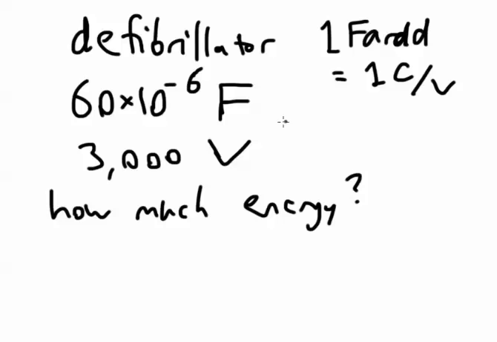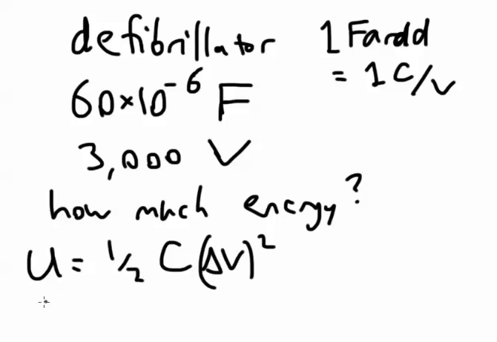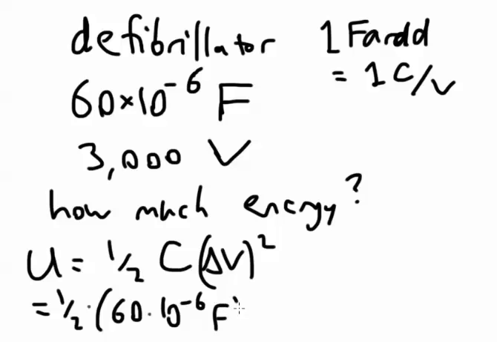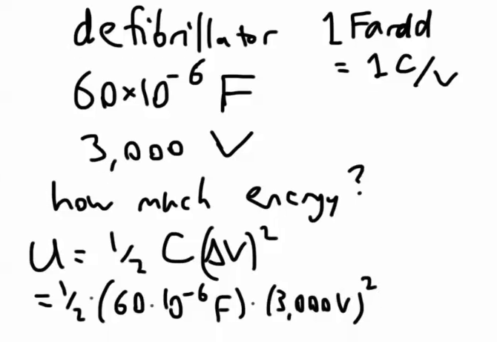Well, we know that the energy stored equals 1/2 C delta V squared equals 1/2 times 60 times 10 to the minus 6 farads times 3,000 volts squared equals 270 joules.